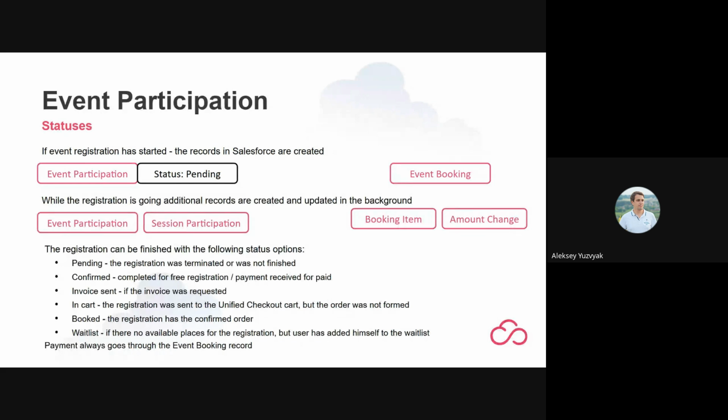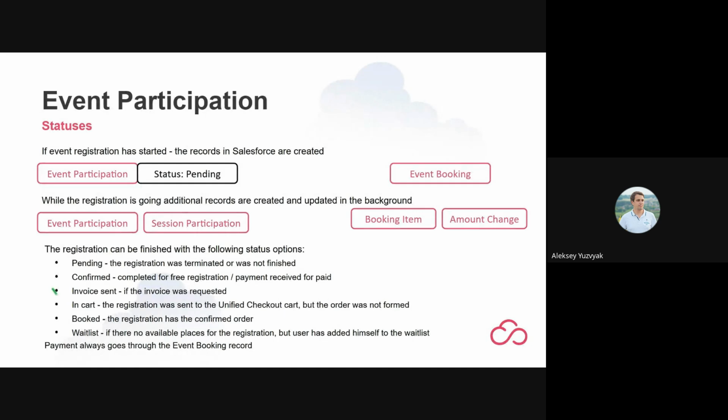send, for example, an additional email to these attendees that the registration hasn't been completed, so please go and finish your registration. Confirmed status is when everything goes fine and the user registered, for a free package, or registered and paid for a paid package.